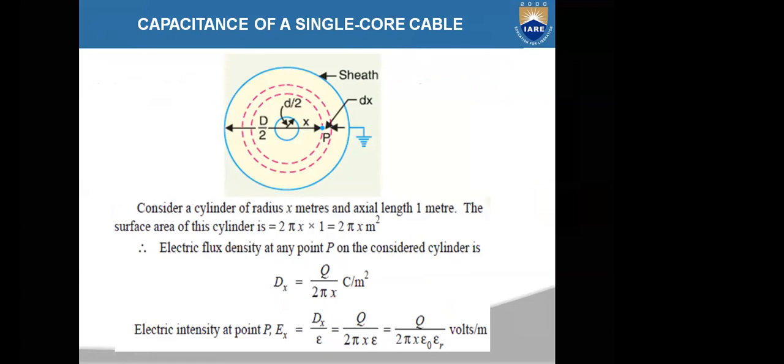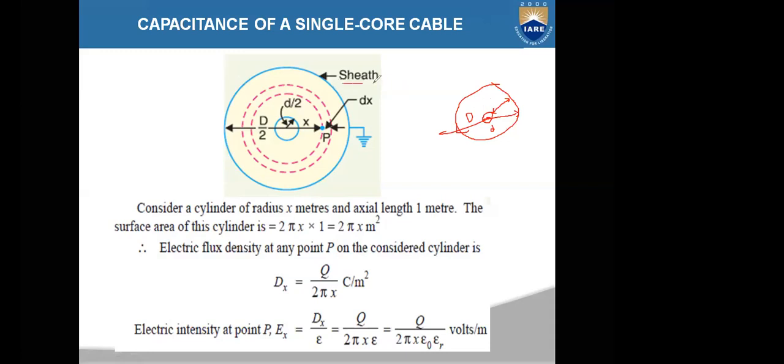Here also you consider a cable with internal diameter small d, meaning the conductor diameter, and sheath diameter capital D. A single core cable has a conductor, and on the conductor you have insulation. The conductor diameter is small d, and the sheath diameter from the center of the core is capital D. The radius is d by 2 for the conductor or core, and capital D by 2 for the internal sheath.